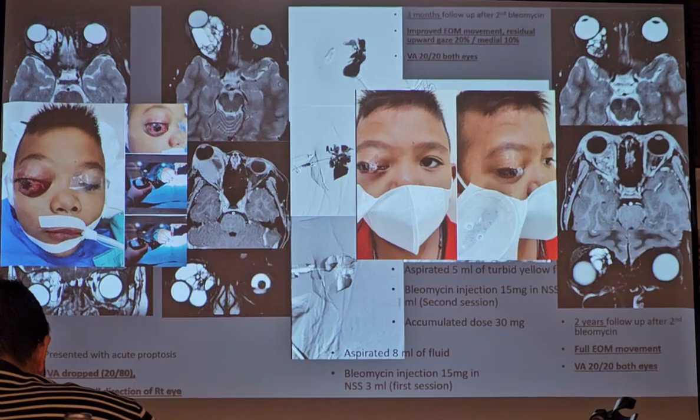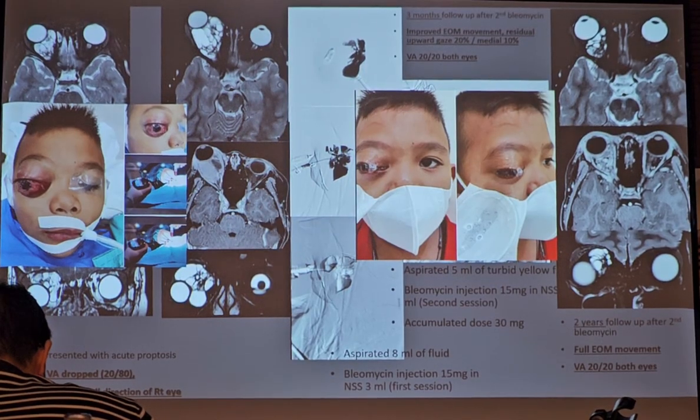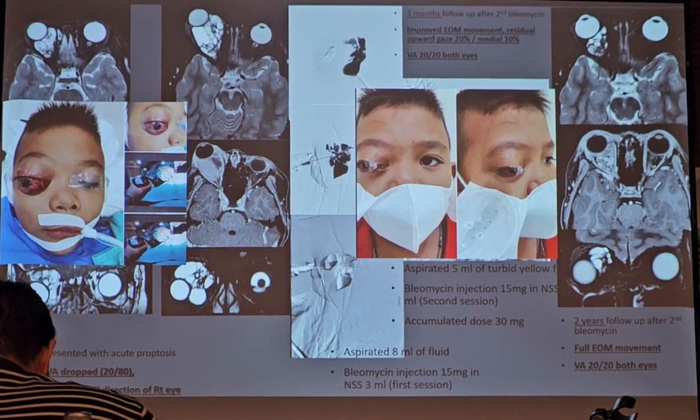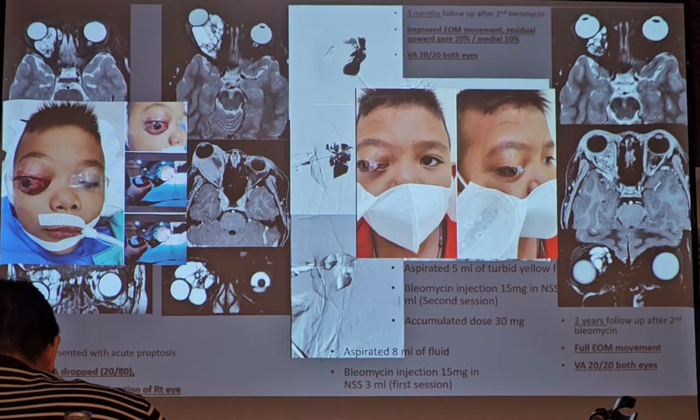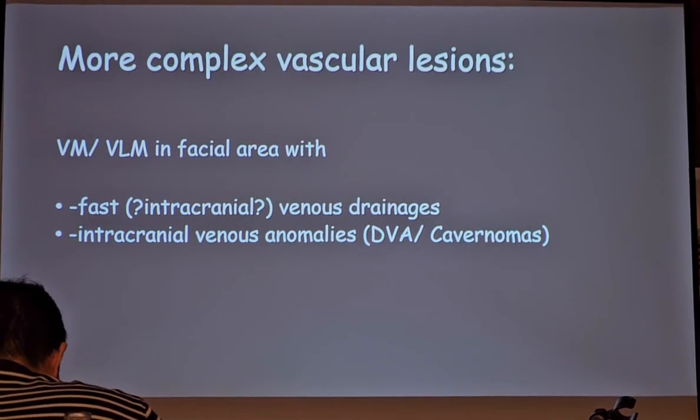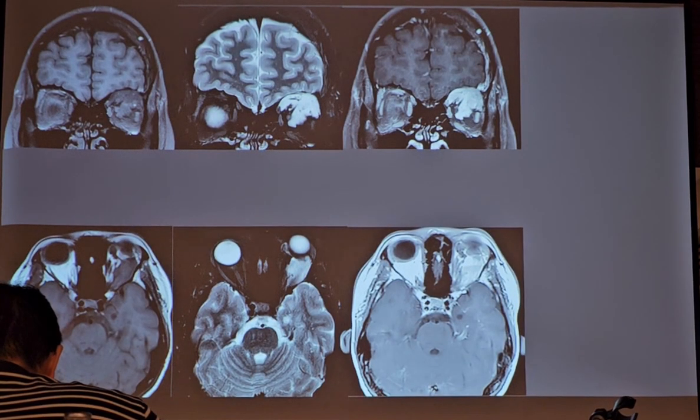We were able to do that, and we really need a combination of the ophthalmologists, neuro-ophthalmologists, to help us in case we need to combine this type of surgery. The complex one is within the so-called venous lymphatic malformation. You have the fast venous drainage out. You may be involved in a type 3, 4, and if you have something related in the brain.